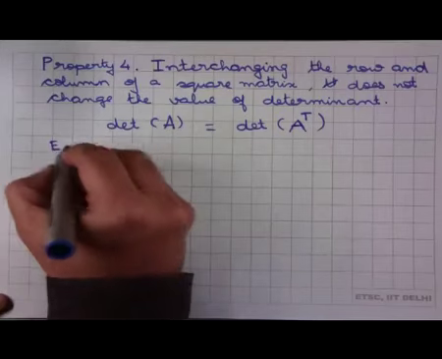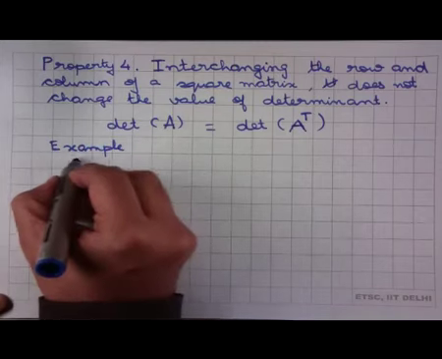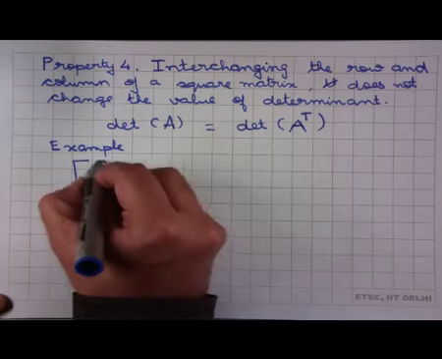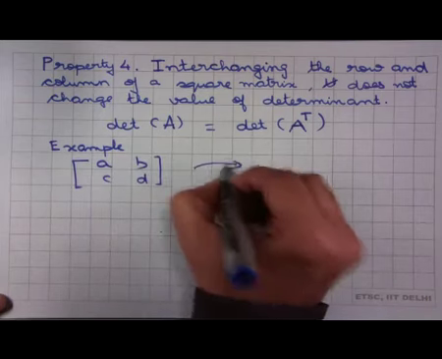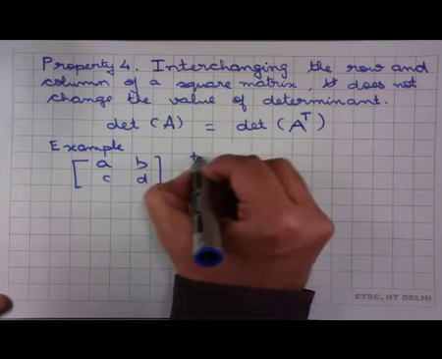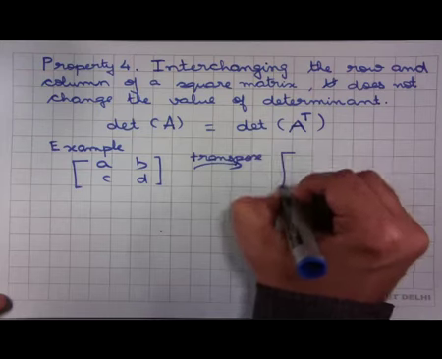If you look at a 2 by 2 matrix, you have a matrix A, B, C, D. What is its transpose? It is what we obtain by interchanging the rows and the columns.